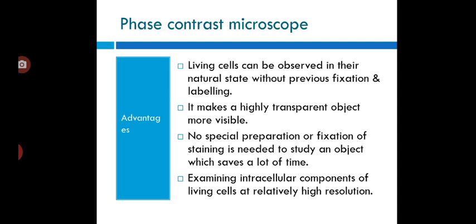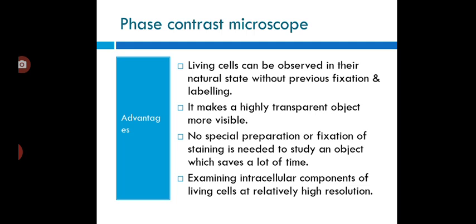Coming next to the advantages or the positive points of the phase contrast microscope. Living cells can be observed in their natural state without previous fixation and labeling.